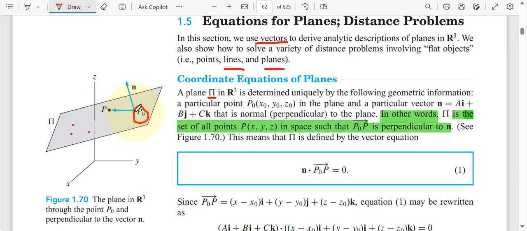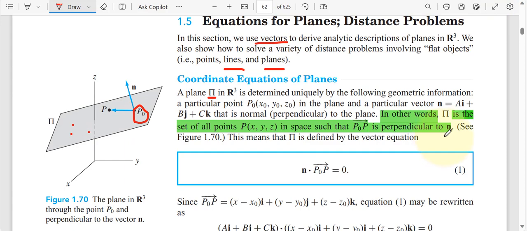Sorry, not the angle between the normal and this vector has to be 0; the angle between this vector and this vector has to be 90 degrees.